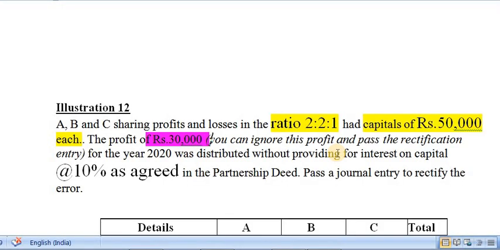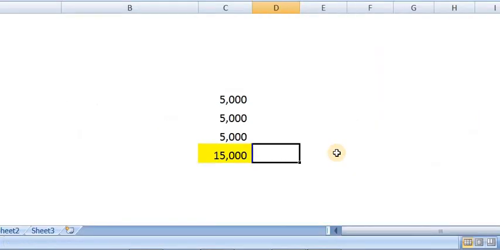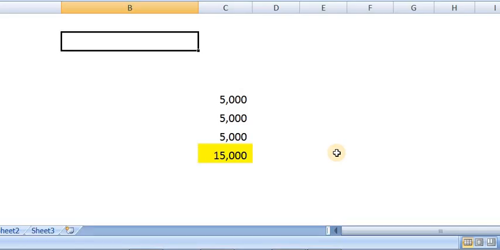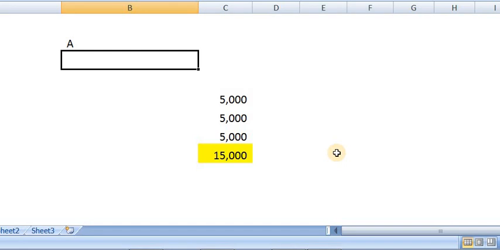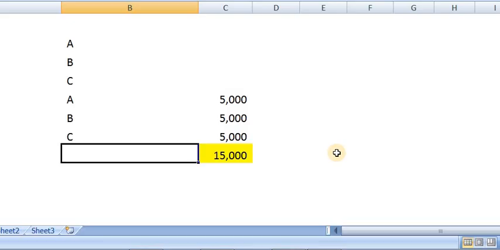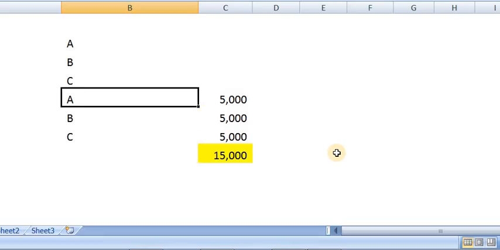Interest on capital at 10% we have to give, and we have to take back from the three partners. From A, how much will you take back? A, B, C. A debtor, B debtor, C debtor to A, B, C. So this is a journal entry, you know this now.